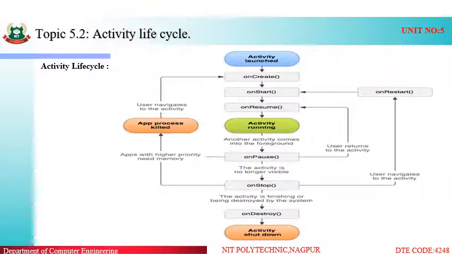After onCreate, it goes to onStart. OnCreate means the activity is initialized. OnStart means the user interface components are visible on the screen, and then it goes to onResume, that is, the activity starts and is running.